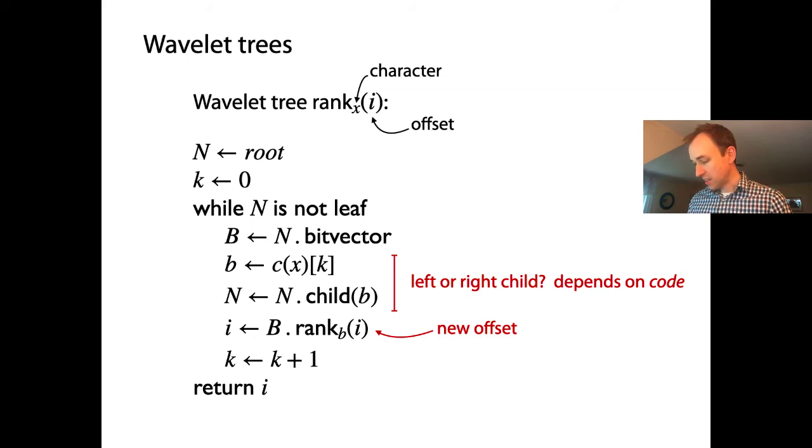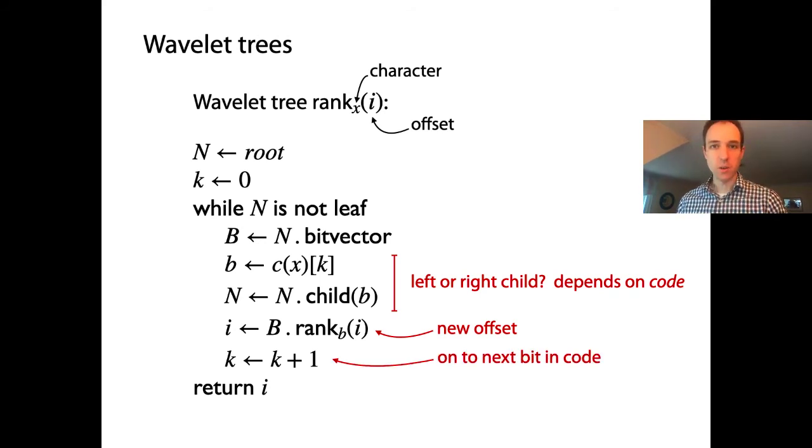And then calculate the new offset, which becomes the input to the rank query at the next level down, and then move along to the next bit in the code, and so on. So as we move down the tree, we're moving along the code word, left to right, and at each level we're asking a rank query, taking the output of the previous level's rank query as our input. Okay.